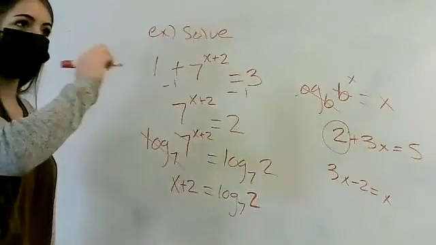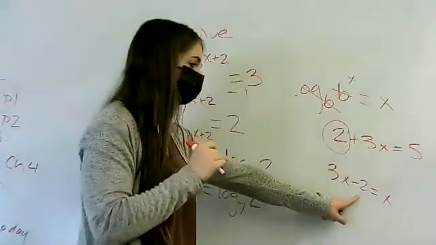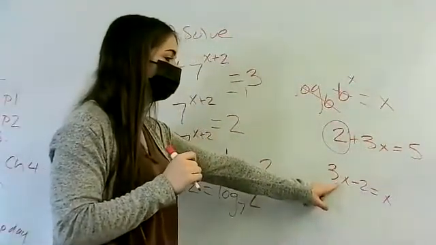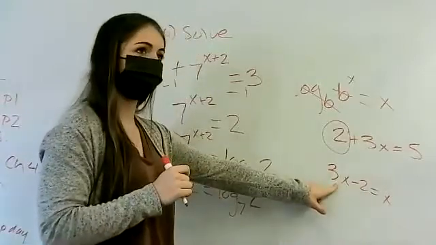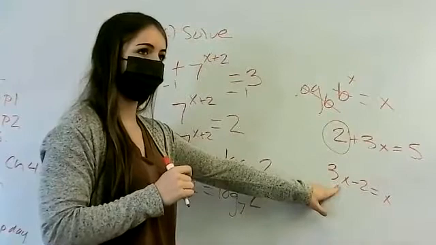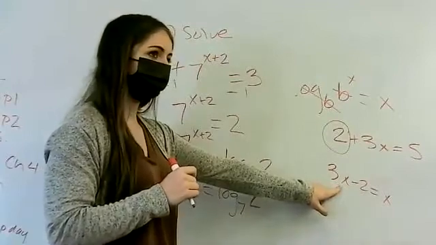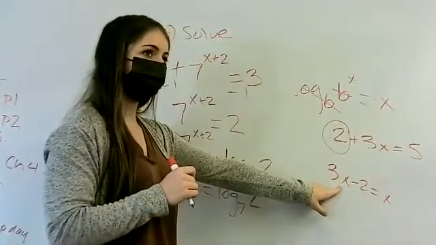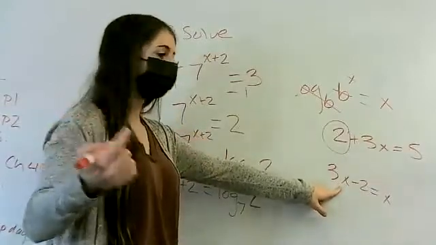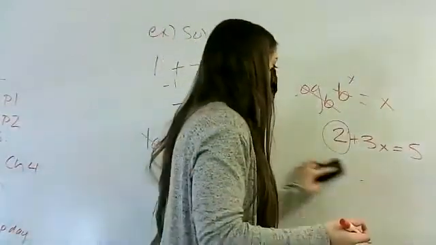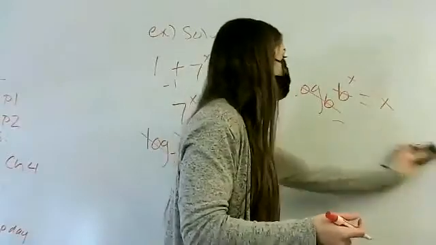Why not? Can I take 2 away from 3x, basically, is what I'm saying? No. Why not? Because they don't go into each other. Right, they're not like terms. So you cannot subtract something from something that's not a like term.